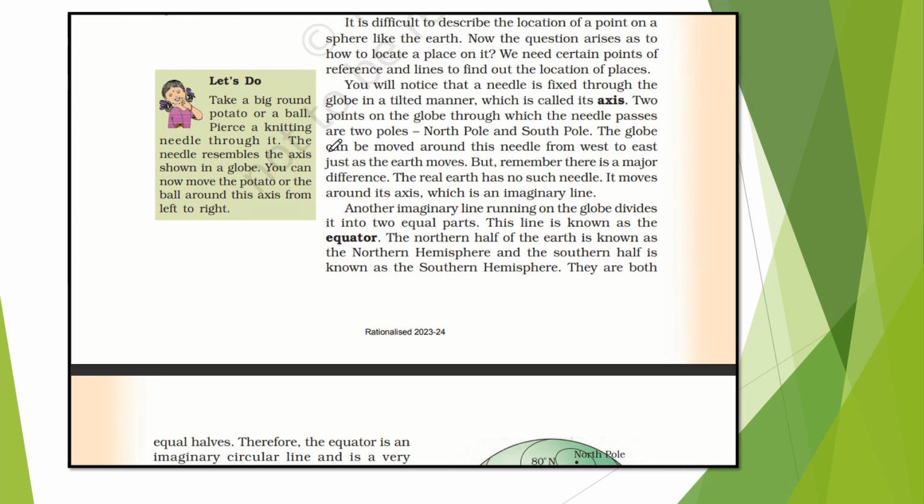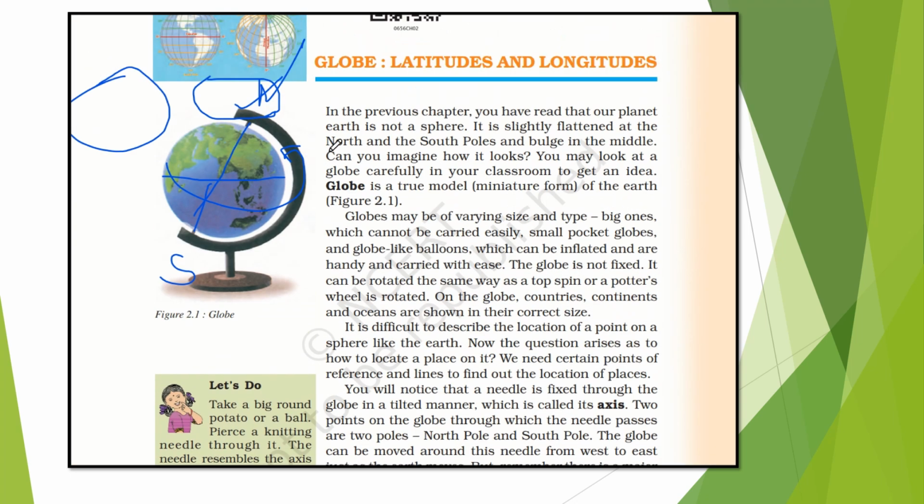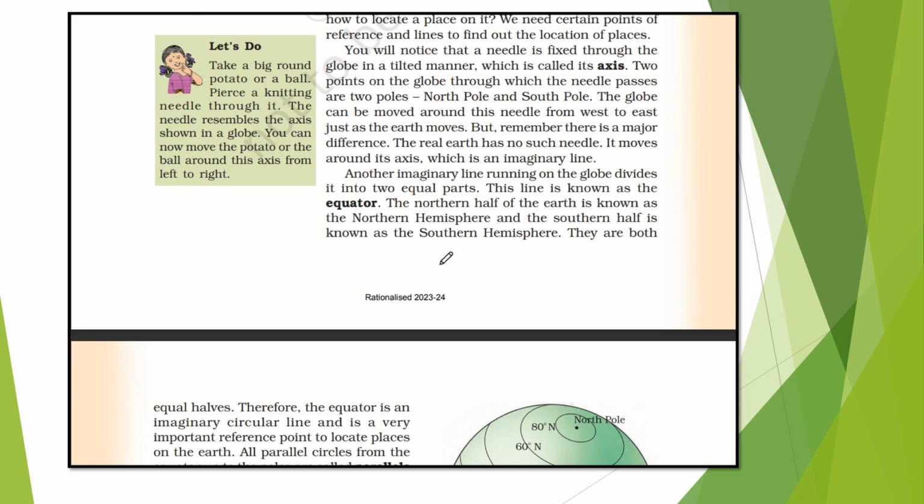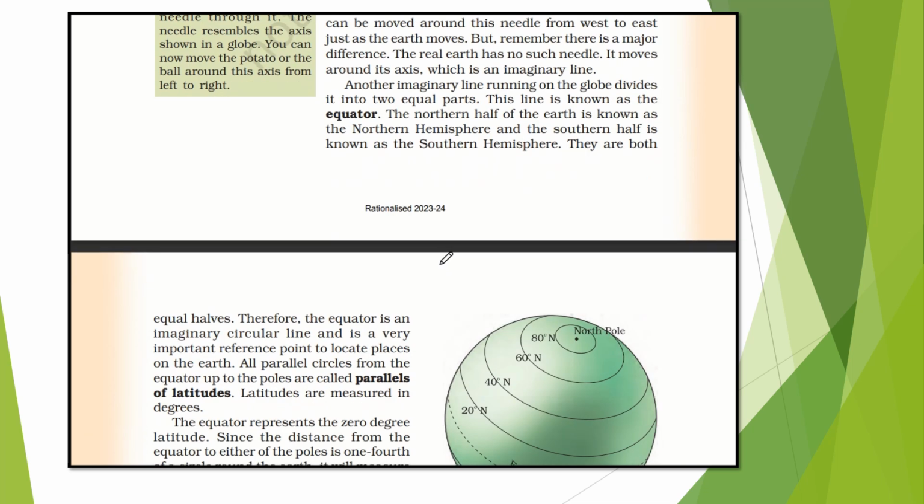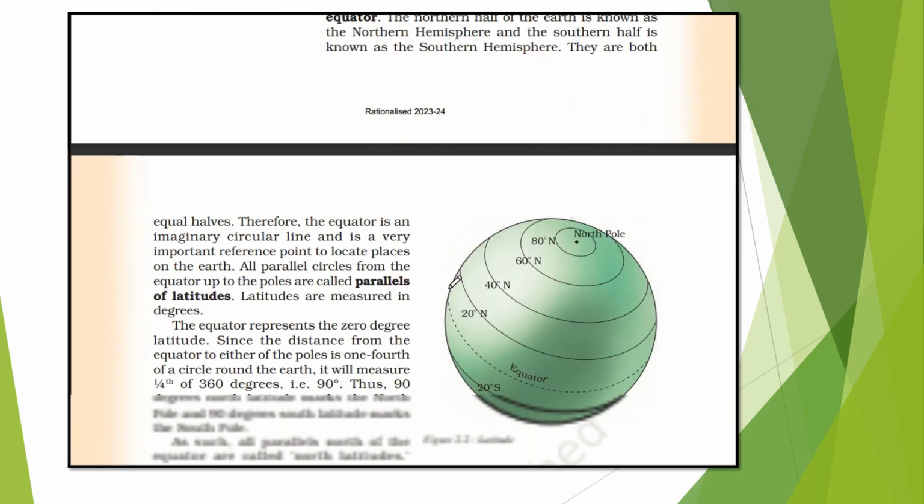The northern half of the Earth is known as the northern hemisphere, and the southern half is known as the southern hemisphere. Where it shows the north pole side, it is the northern hemisphere, and where it shows the south pole, it is the southern hemisphere. Hemisphere means half sphere.